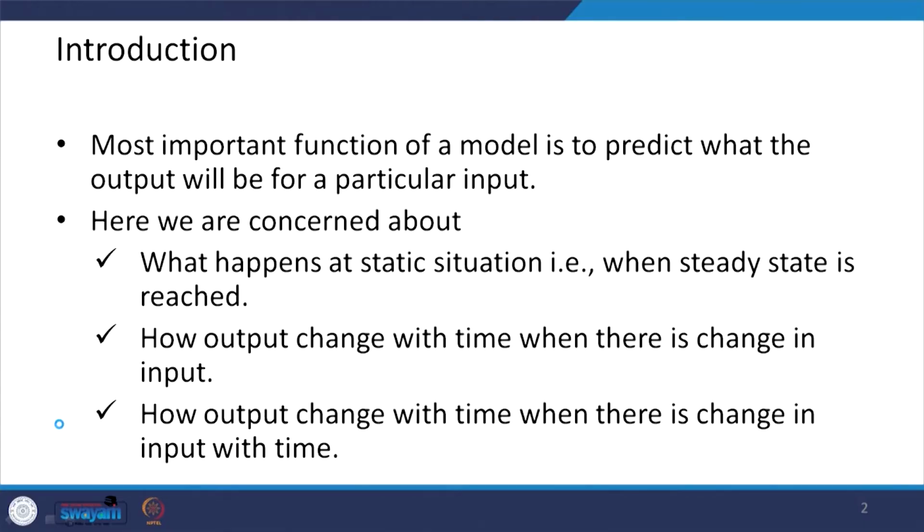Now, here we are concerned about what happens in a static situation, that is when steady state is reached, or how output changes with time when there is change in input, or how output changes with time when there is change in input itself with time. So, these are the various concerns.